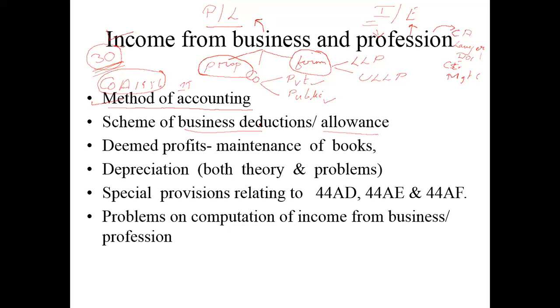So we have to understand which are the permissible deductions and which are the permissible allowances for the business. Those things have to be subtracted from your total profit, and if you have put some expenses which are not related to your business, then all such expenses have to be added back to your income.